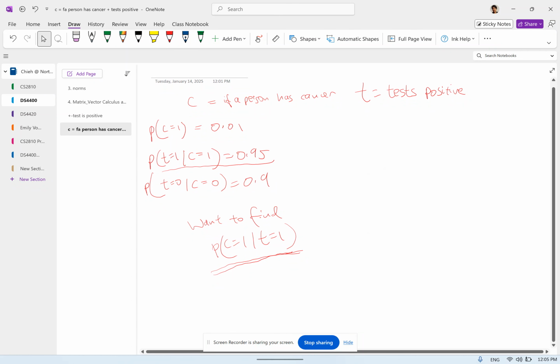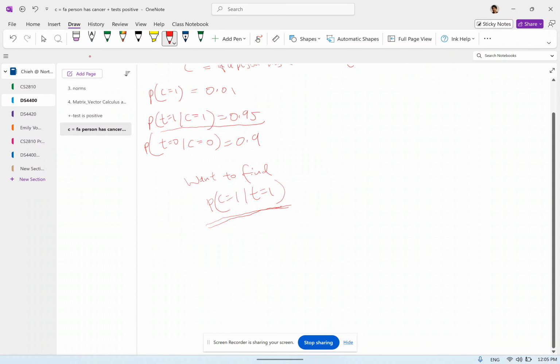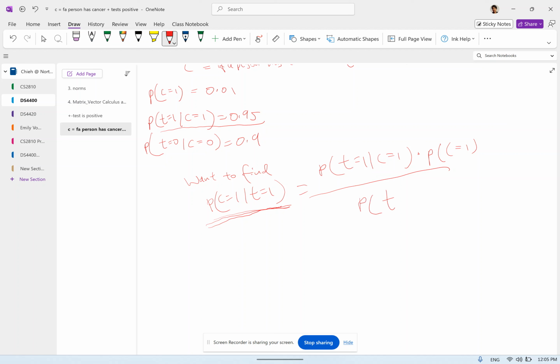If we're trying to find the probability of this, then we remember from Bayes rule that this is equal to the probability of T equals 1 given C equals 1, which is the converse, times the probability of C equals 1, divided by the probability of T equals 1.